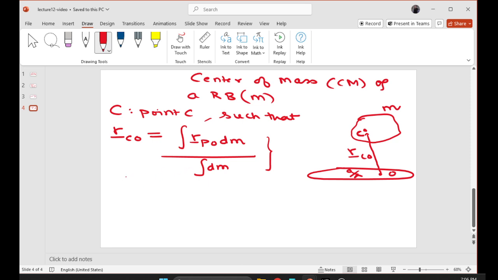Now in the denominator we have this integral dm, which is over the entire body.